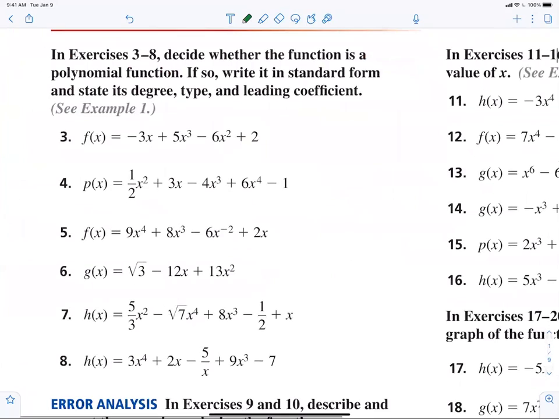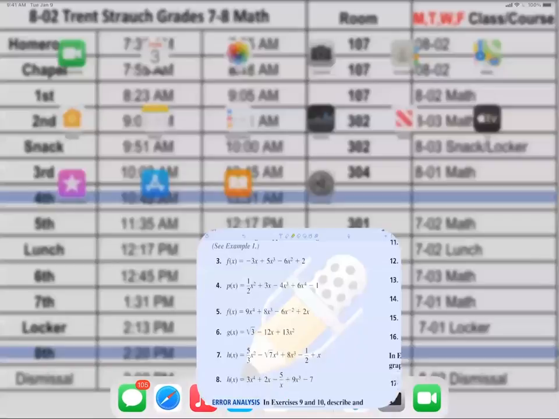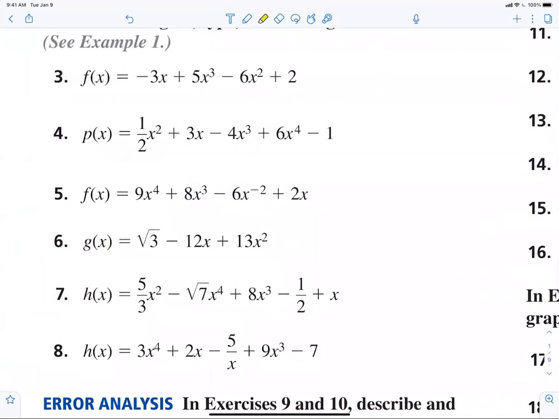Now, this is something I feel like everybody should know: writing in standard form. First of all, decide if it is a polynomial. Is number 3 a polynomial? Is it written in standard form? No. It's not written in standard form because the exponents are not in descending order.